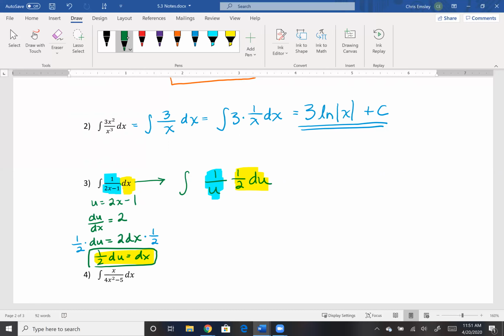And again, I like to get that coefficient out of the way. So my integral is 1/2 times the natural log of u plus a constant. And then we go back and make sure we bring our x's back in.